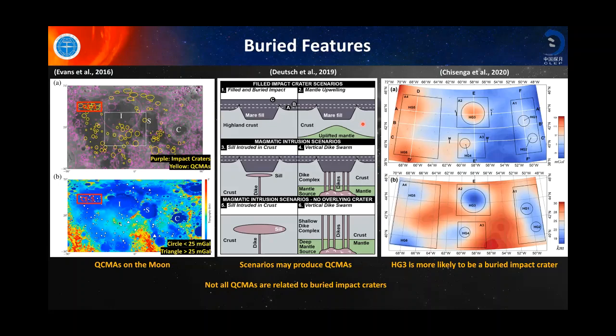So we need to be careful about these quasi-circular anomalies.